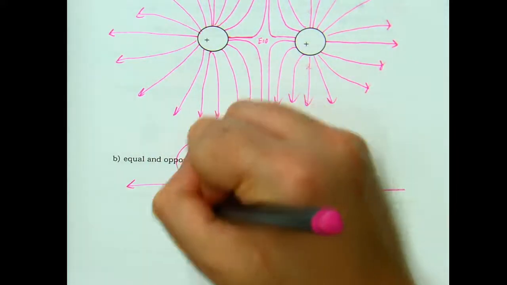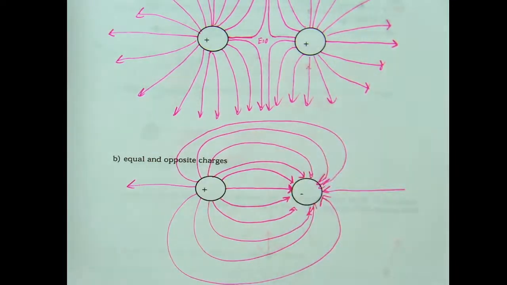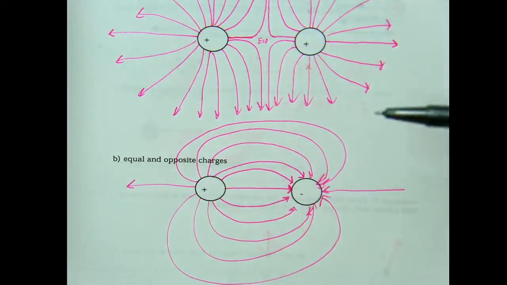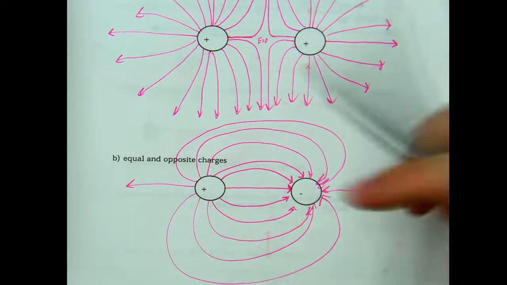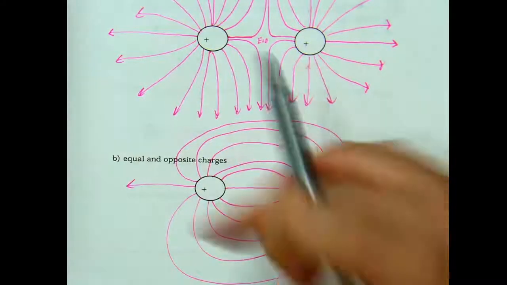You're going to get something that looks like that. Constantly, the electric field lines go out of the positive into the negative. The only place where they don't loop around is straight out the left-hand side. There would be no up or downwards force, or component rather, from this guy to pull them back in.